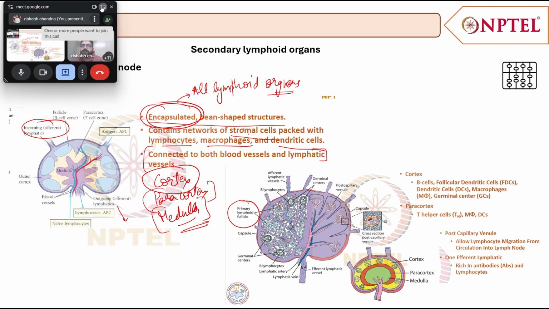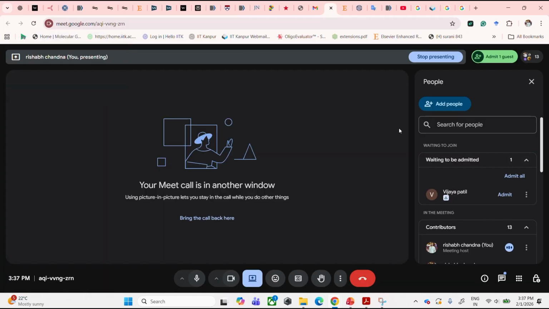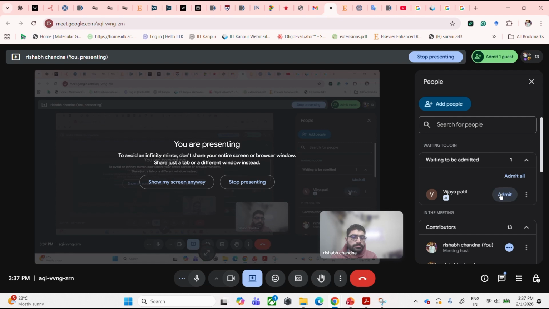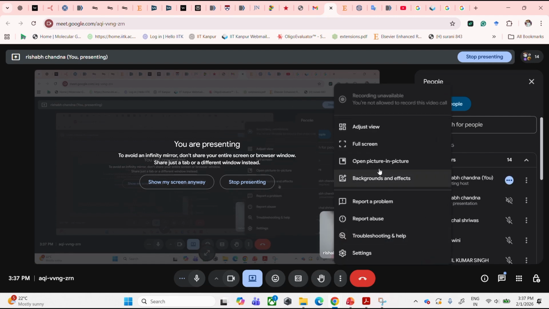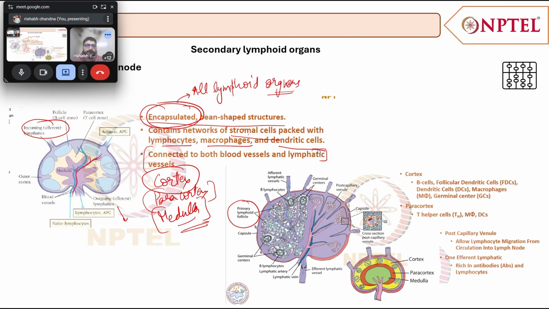So this primary lymphoid follicle basically contains the B cells, the immature B cells that have not interacted with any antigens. From these primary lymphoid follicles, when the B cells mature and get activated, they turn into secondary lymphoid follicles.